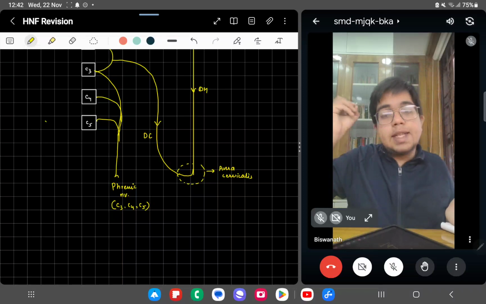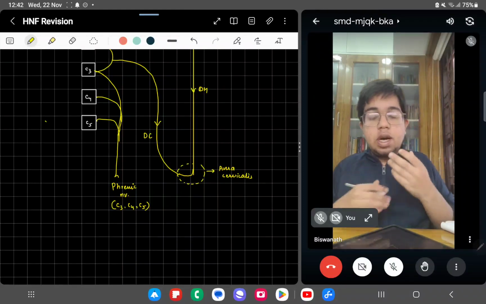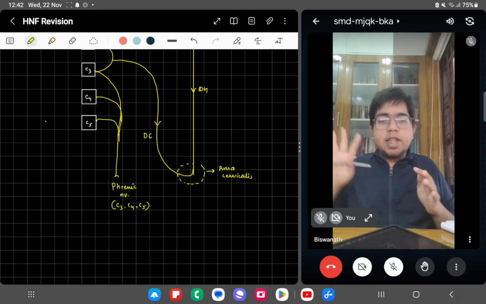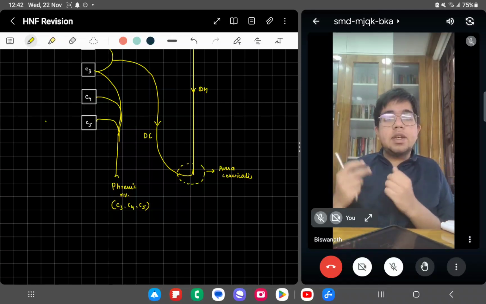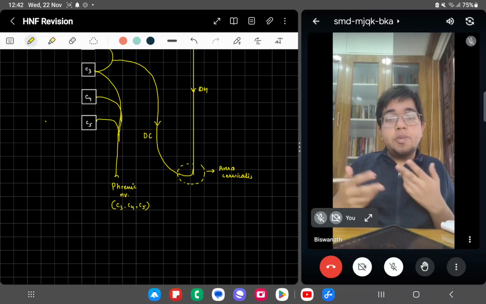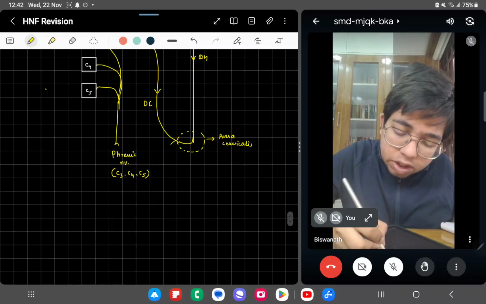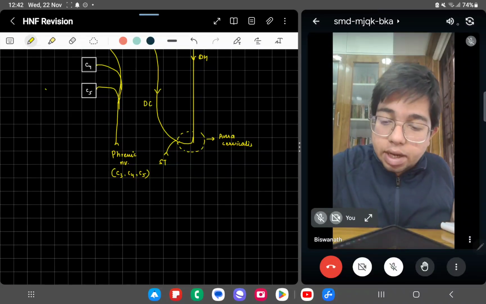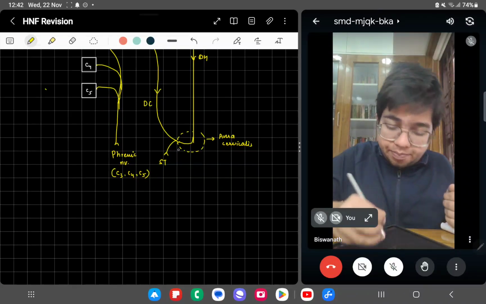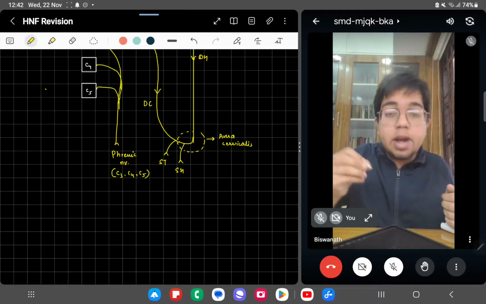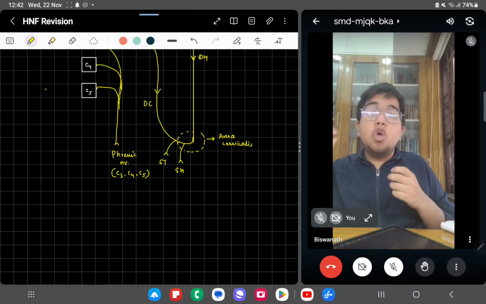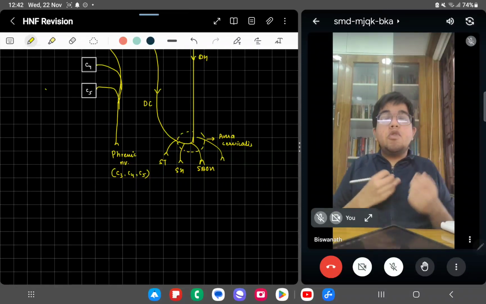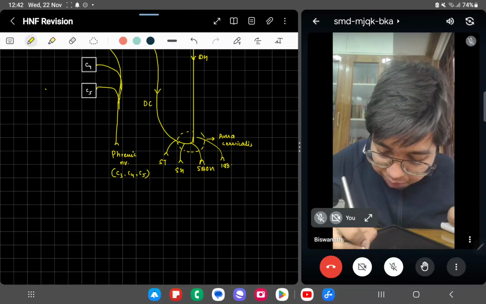Ansa cervicalis. So this ansa cervicalis will supply four muscles. To be specific, three muscles, and the third muscle has two bellies, the superior belly and the inferior belly. What are the muscles? Your sternothyroid, then your sternohyoid, and superior belly of omohyoid, SBOH, and your inferior belly of omohyoid, IBOH.